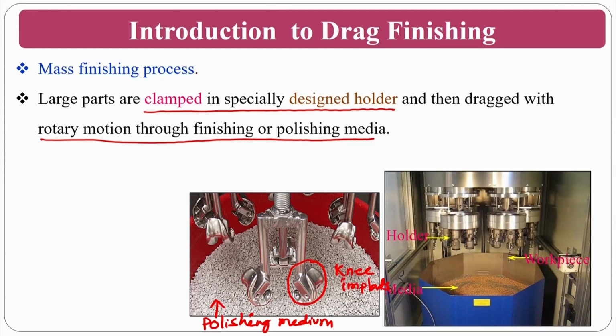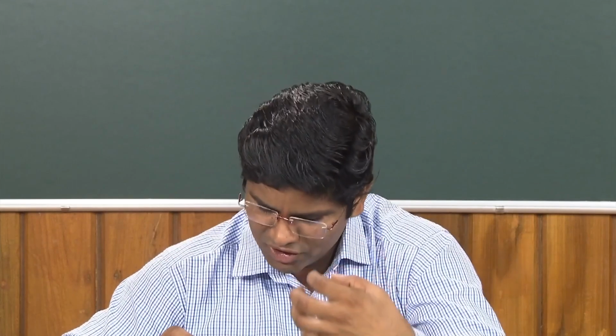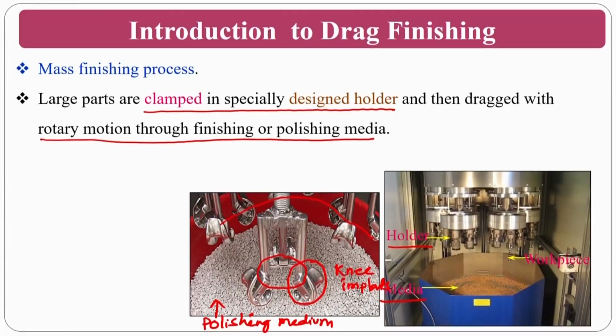You can see here also media is there, holders are there, and in these circumstances you should always keep your polishing media stationary. Because some of the components are in this periphery, some are in this periphery, the pitch circle is very small. If you keep the polishing medium without rotation, all the components will get uniform surface roughness.